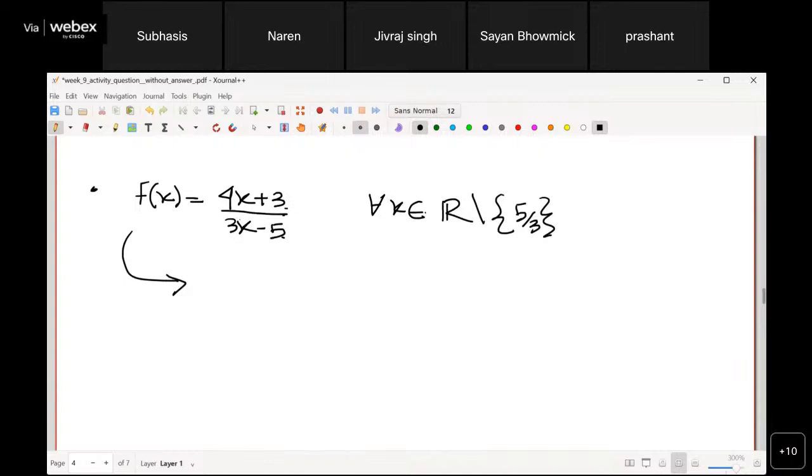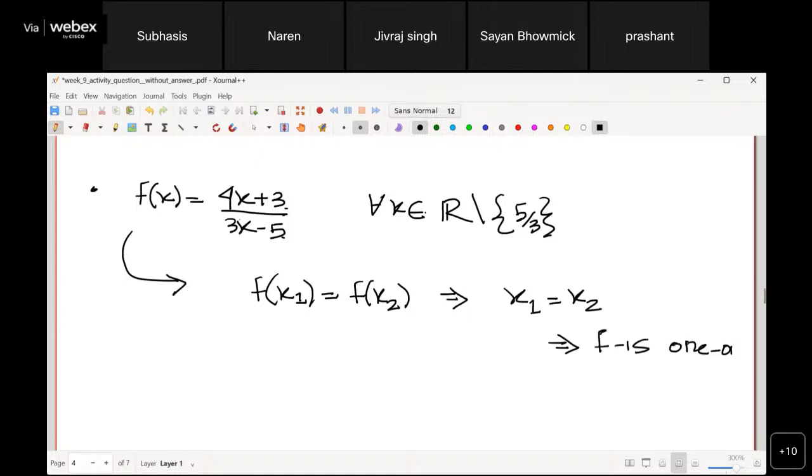If you can show that f(x1) = f(x2) implies that x1 = x2, then f is 1-1, right? So we just need to show that if this is true, then this is also true. That is what we need to show, which is actually easy.